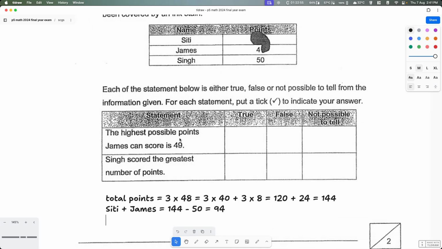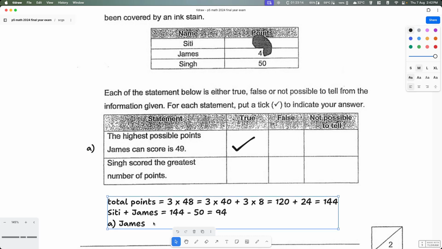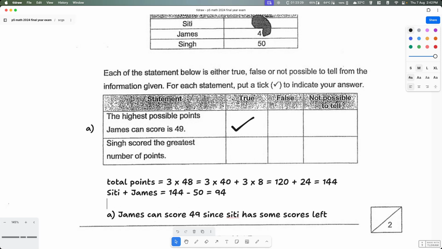So this is definitely true. So James can score 49. Definitely true. So for A, I'm going to put A here. So James can score 49 since CT has some score left.